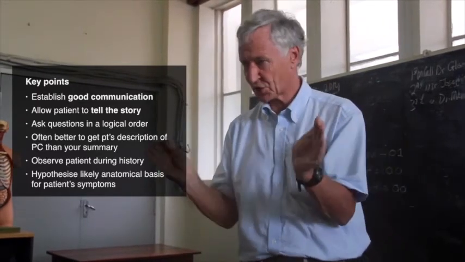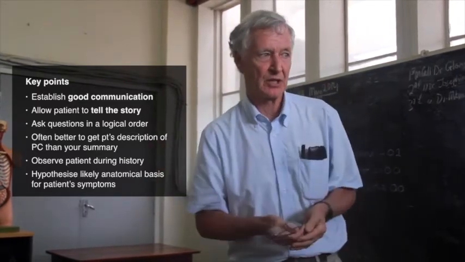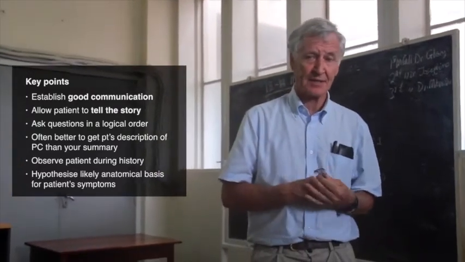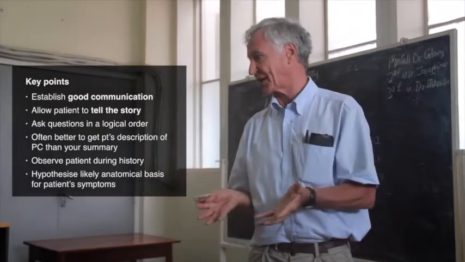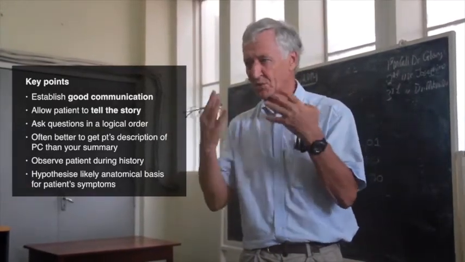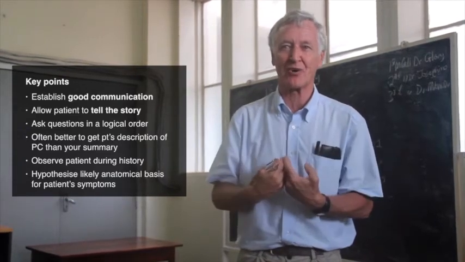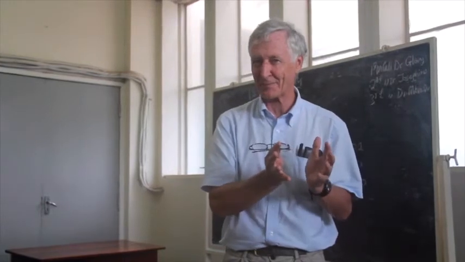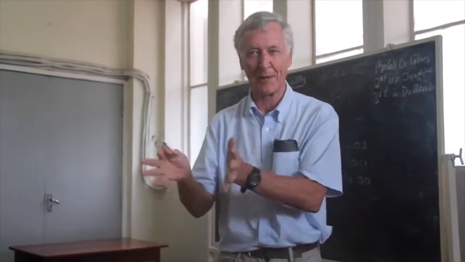Of course, that has to be short, brief, and to the point. You observe the patient during the history taking, and all of that leads to something in the doctor's or student's head. That is a hypothesis you're always working with, the likely thing that is going wrong. So you're amalgamating the symptoms as you get them and already building up hypotheses about what has likely gone wrong.